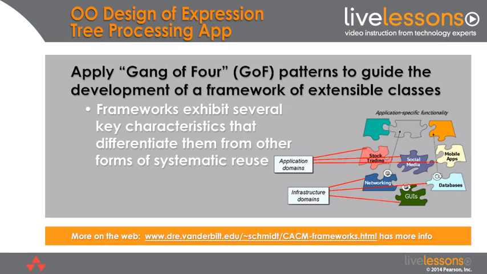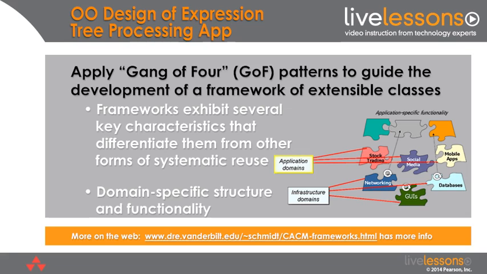Another characteristic of frameworks is that they tend to embody domain-specific structure and functionality, which is realized in the form of abstract classes with virtual methods that you inherit and customize in various ways. There are various ways to think about the kinds of domain-specific properties that we find in frameworks. One type of framework would be called an application framework.